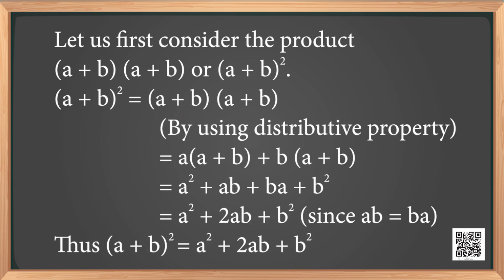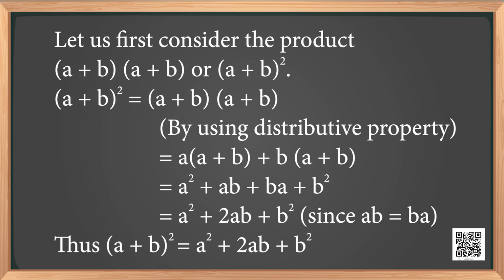By using distributive property, a times of a plus b plus b times of a plus b, which is equal to a square plus ab plus ba plus b square, which is equal to a square plus 2ab plus b square. Why? Because ab is equal to ba. Thus, a plus b whole square is equal to a square plus 2ab plus b square.